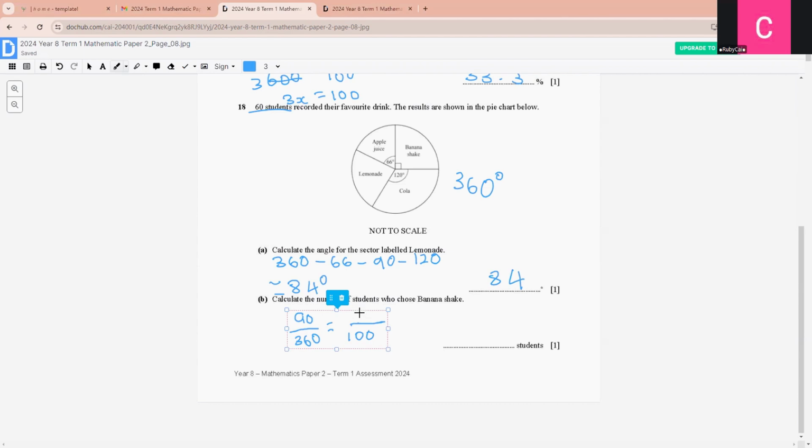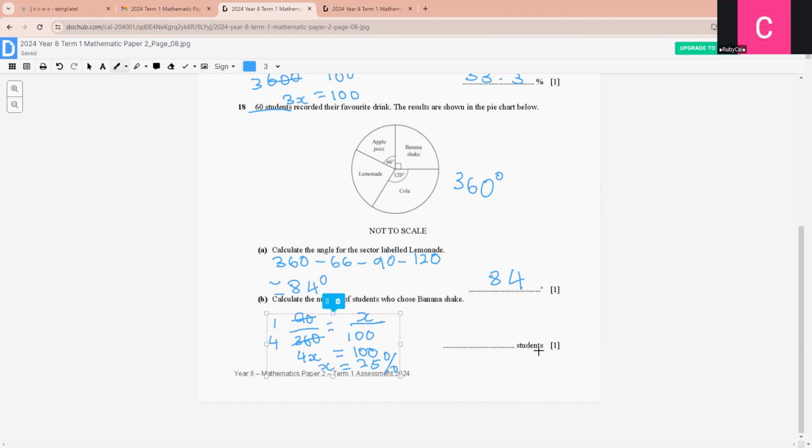And what we're trying to find is the 90 degrees. So how many percentage of students chose the drink. And you can simplify this into 1/4. So it's easier to calculate. And from that, we can find that the students who chose banana shake is 25%.